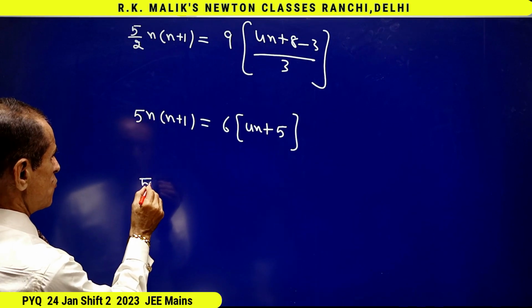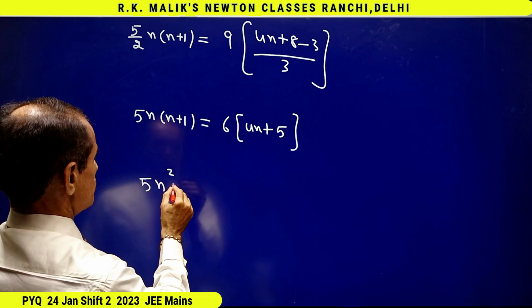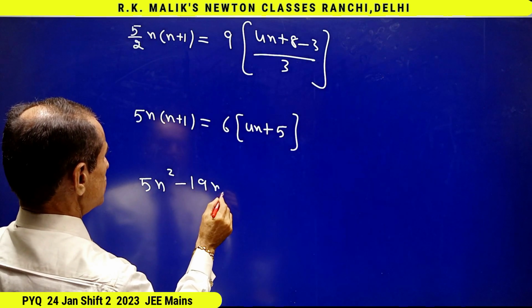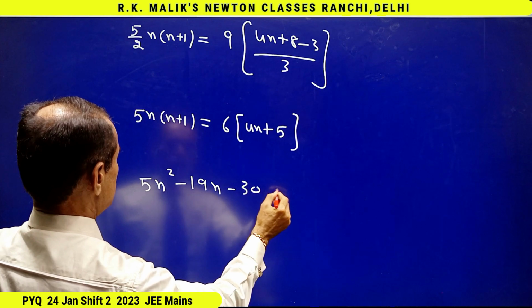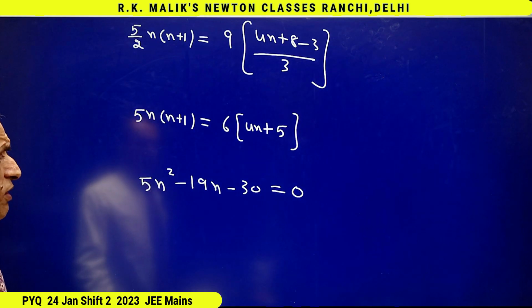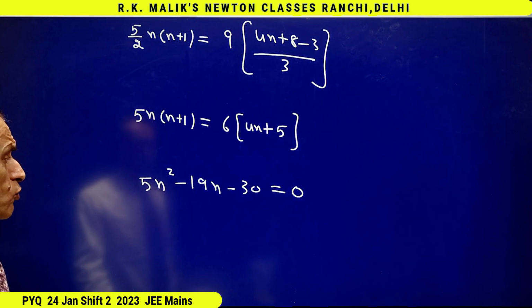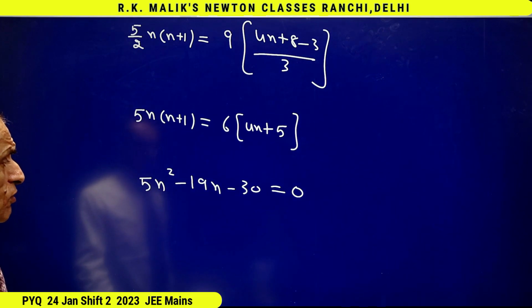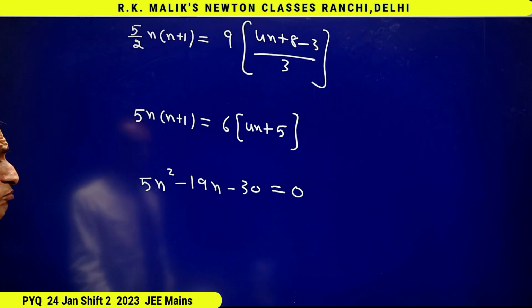That is 5n square minus 19n minus 30 equal to 0. Clearly, it is not convenient to solve this by using the quadratic formula. But because it is given that n is a natural number, in such a case it is mostly easier to solve it without using the quadratic formula.